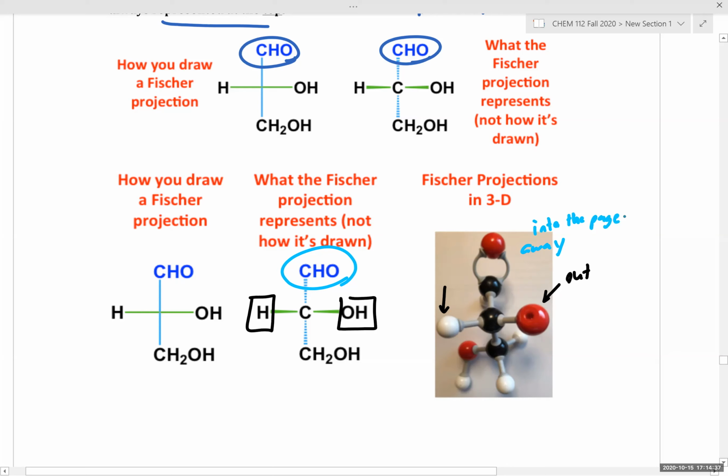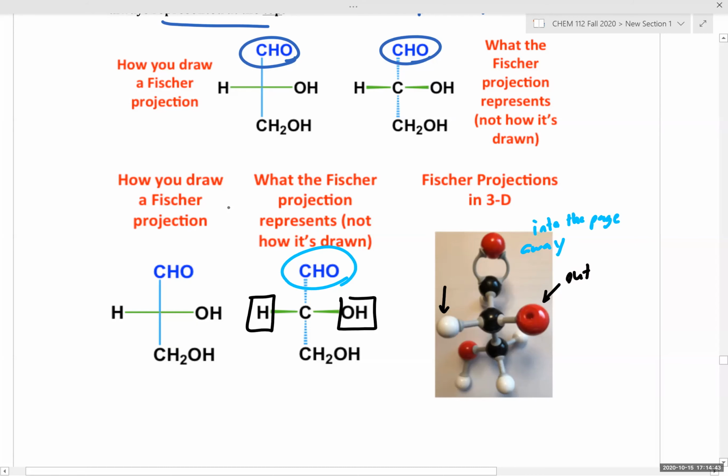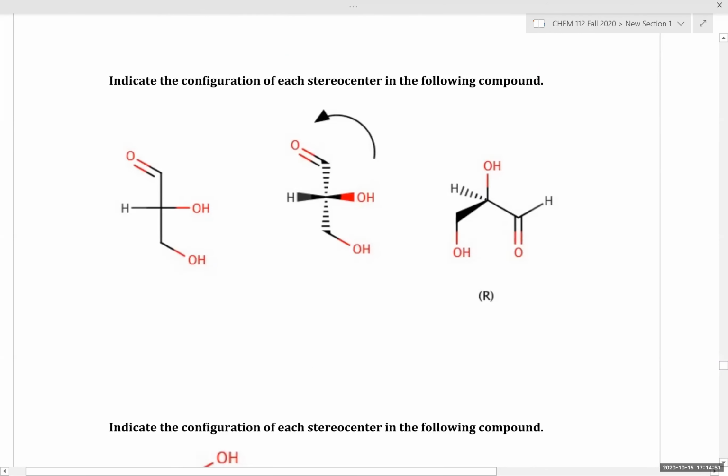Now we can take these Fischer projections and we can convert them to our traditional Dash Wedge notation. And to do that, we're really going to need to make some models of these structures. So suppose that we are given the following Fischer projection.